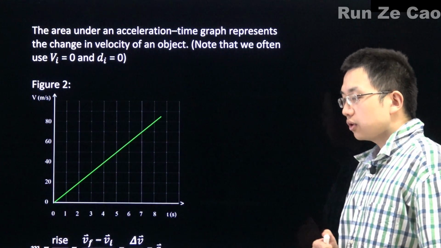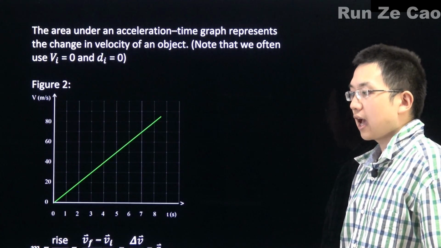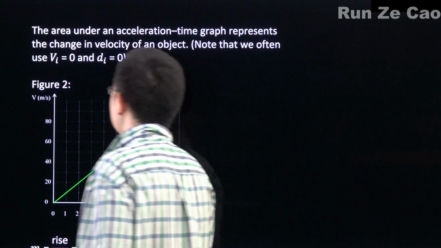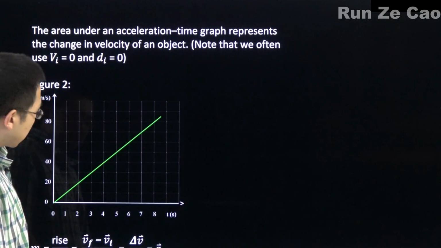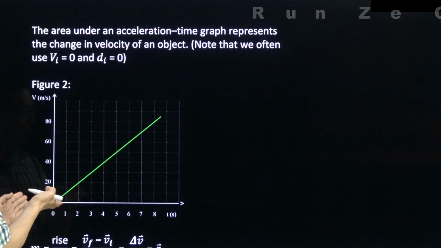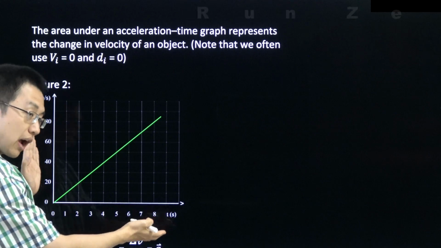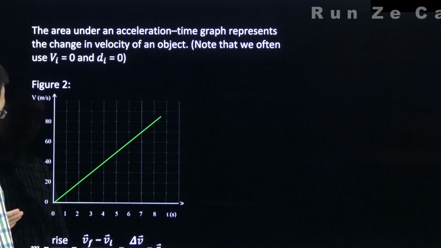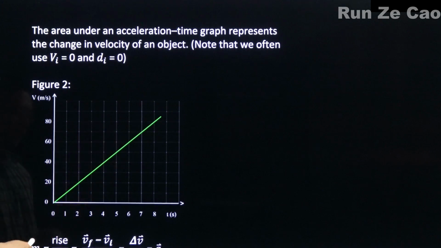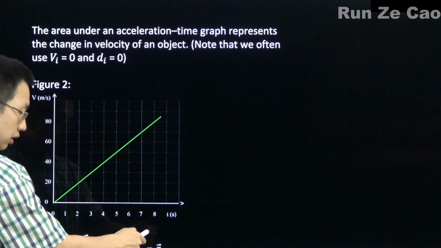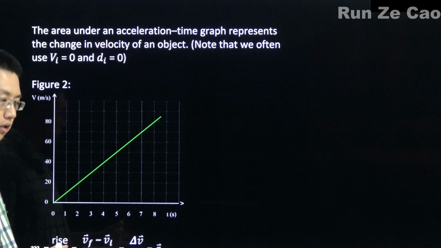Now, we usually use initial velocity and initial position or displacement of 0. Why is this? It's because if you look at this velocity time graph, you see that the velocity increases by 10 meters per second per second. There's a problem here.